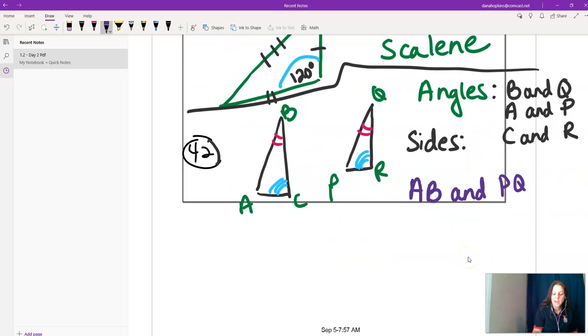Okay, if I say CA, again, it doesn't matter which order you say first, just make sure you do the corresponding one the same. So CA and RP. And then finally, BC and QR.